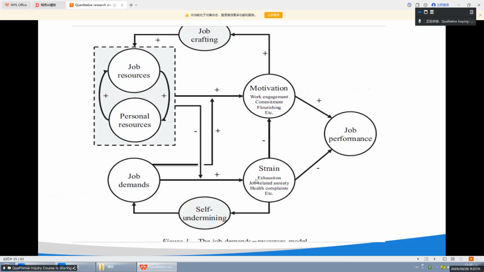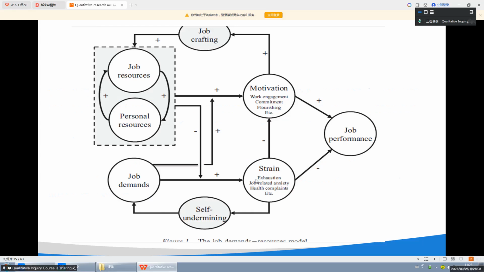If you are motivated, most likely you want to explore further, you want to do more. So through these job crafting behaviors, you may gain more resources. For example, through persistent engagement, I may master more skills. Is that possible? Yes. I'm engaged, so I may learn more and master more skills. Your personal skills are enhanced.